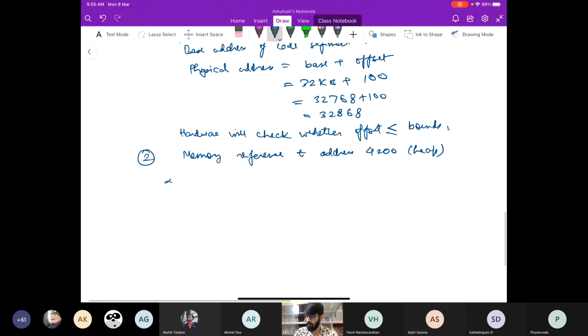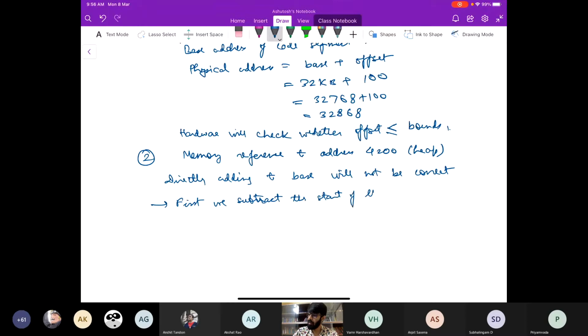So what do we need to do? So first we subtract the start of the heap's address space.